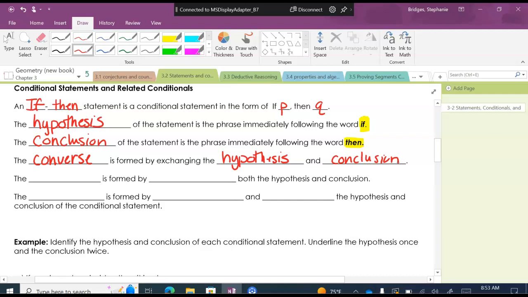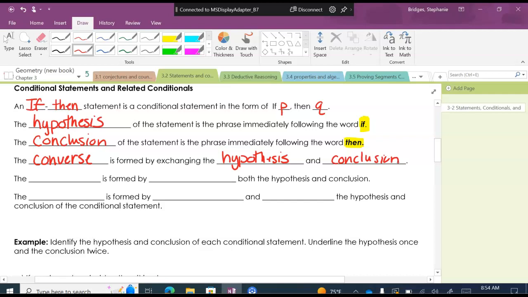So based off of what I said already for my if-then statement, if it rains outside, then I will use my umbrella. For my converse, I would switch those two and I would say, if I use my umbrella, then it's raining outside. Do you see how I just switched the two around? Okay, so the converse is simply switching the hypothesis and conclusion around.